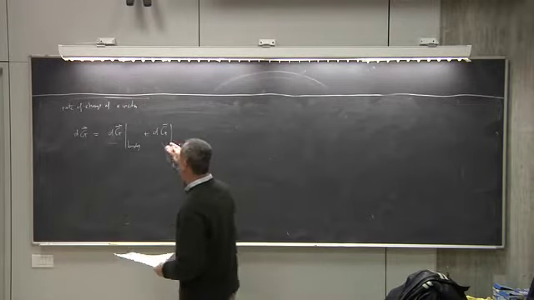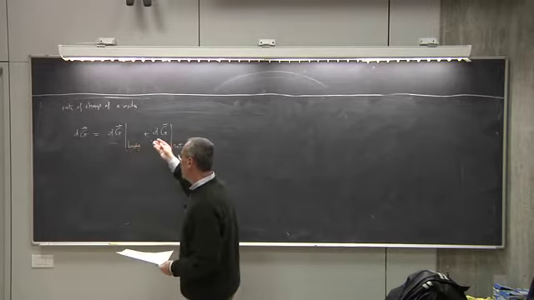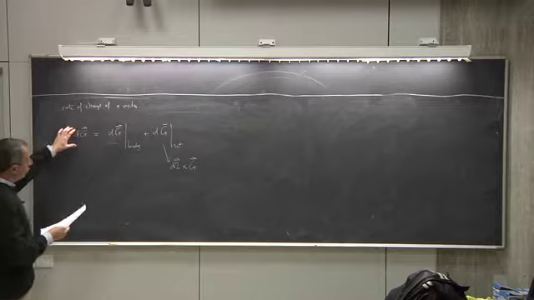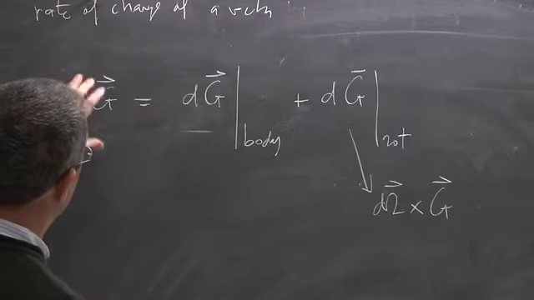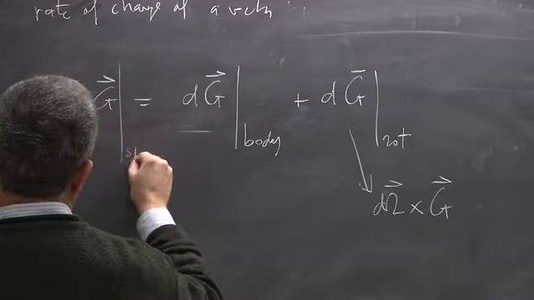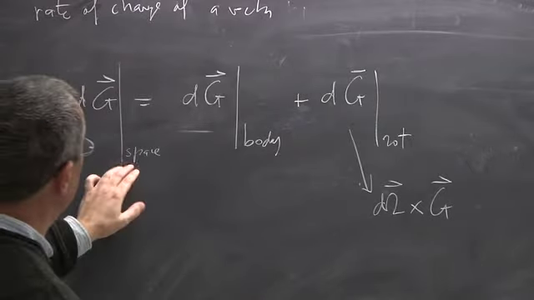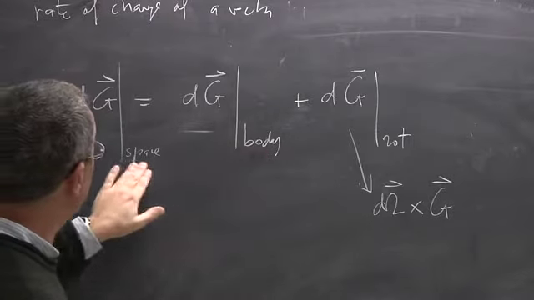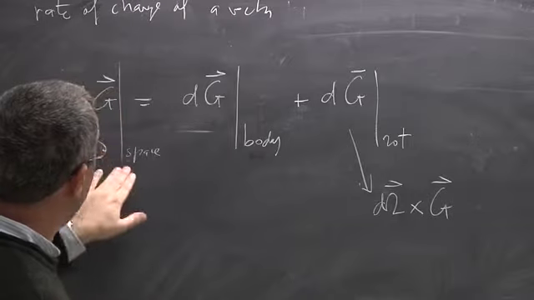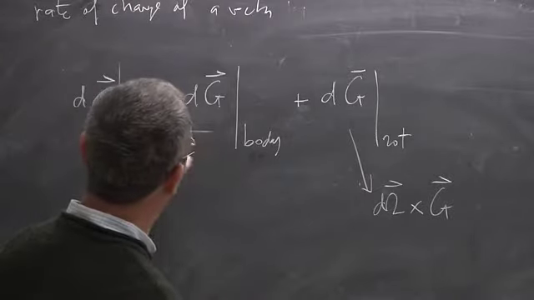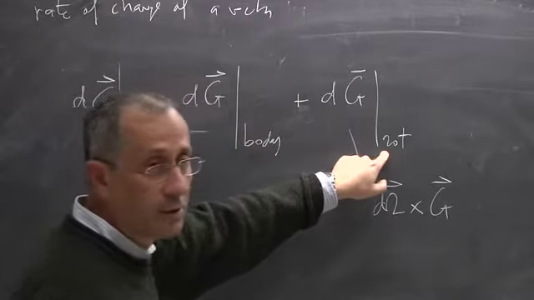And so this is a general differential change. If I specify that I want to study the change in time, you may call this one space, and this one is as measured on the rotating body. The space one is the change measured stepping out from the rotating body, so you have to compensate for the rotation, you have to add the rotation.